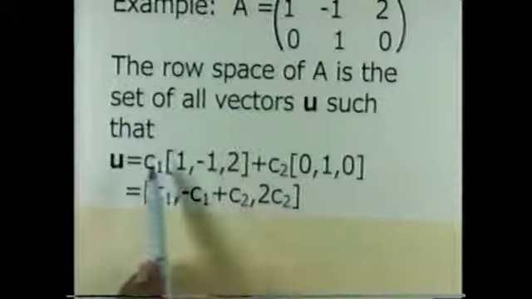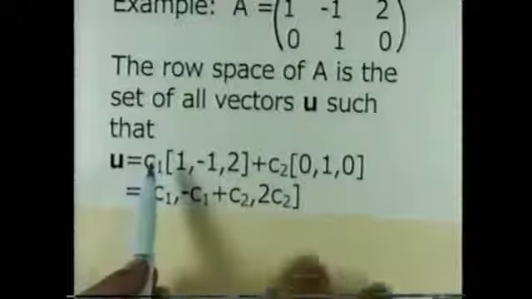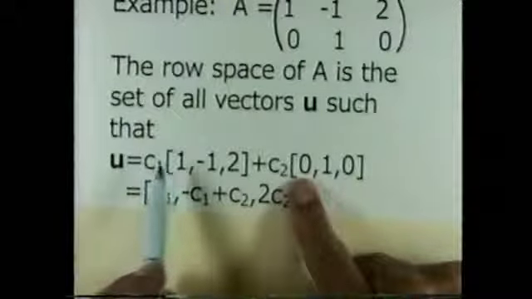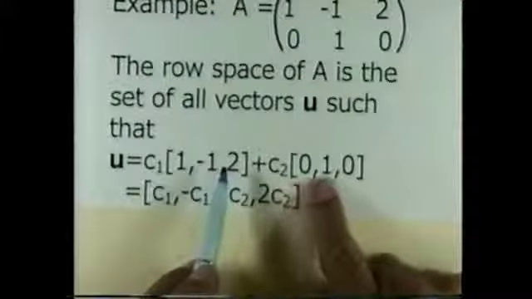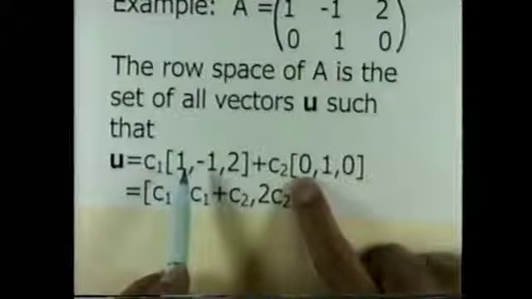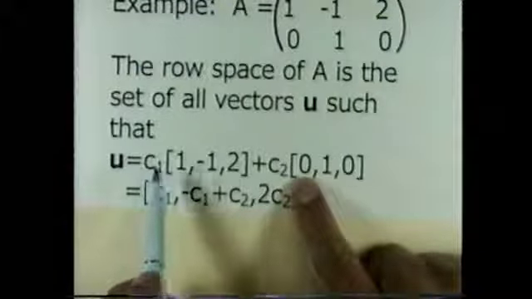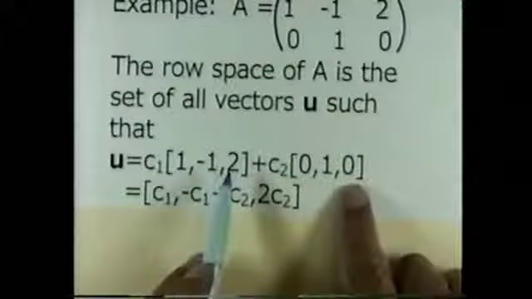Well, if you look at this, it would be (c1, -c1, 2c1) + (0, c2, 0). So that would be c1 + 0, which is c1, then -c1 + c2, and then 2c1 + 0, which is just 2c1.